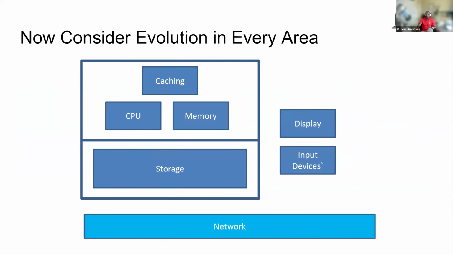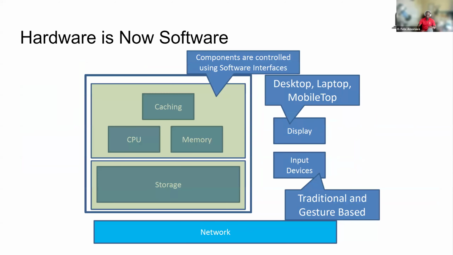So let's come back to the single system for a moment and consider how each of the different areas have evolved. If we forget about the network, for example, and just focus on the actual compute layer and the storage layer, today we have components that are controlled using software interfaces.